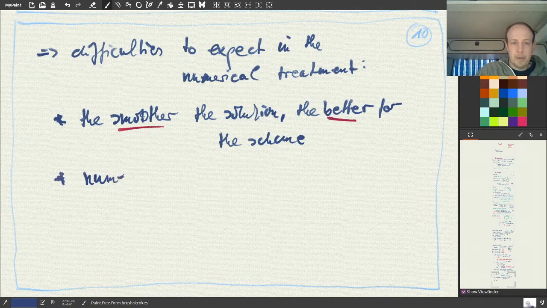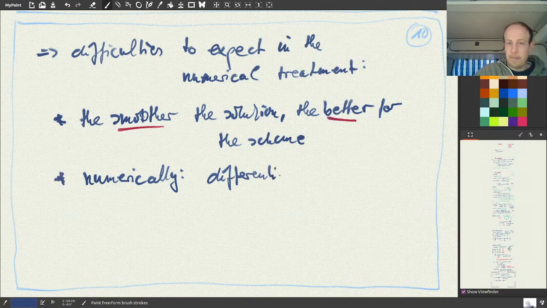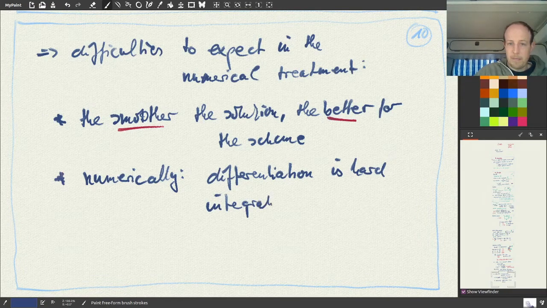The other problem is another basic problem. Numerically, and this always holds, differentiation is hard, integration is easy.